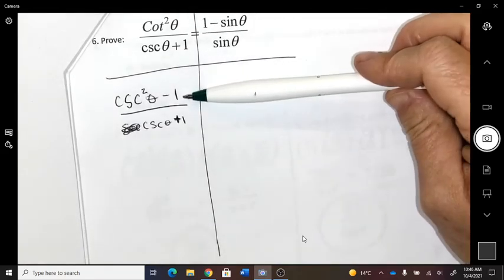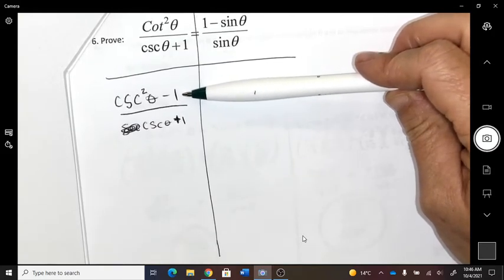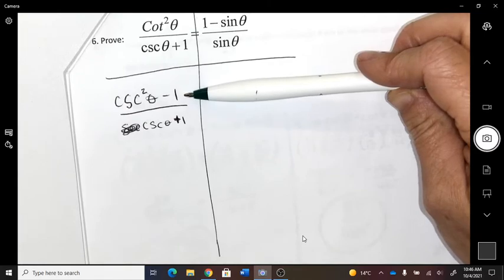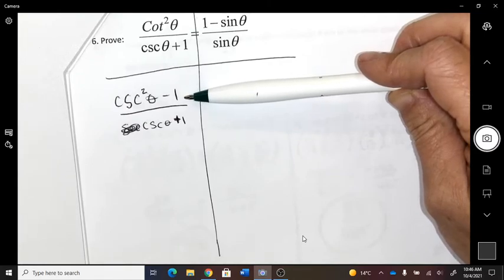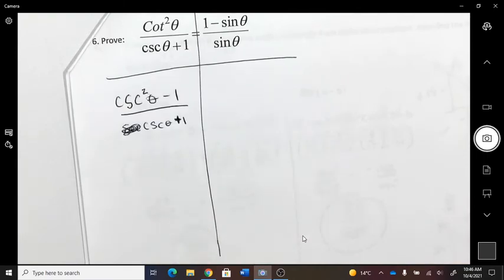I can do something with this top. There's something I know from last year, the F word, on this top. Do you see something? You can factor that out. It's a difference of squares, right? How do you do that one?